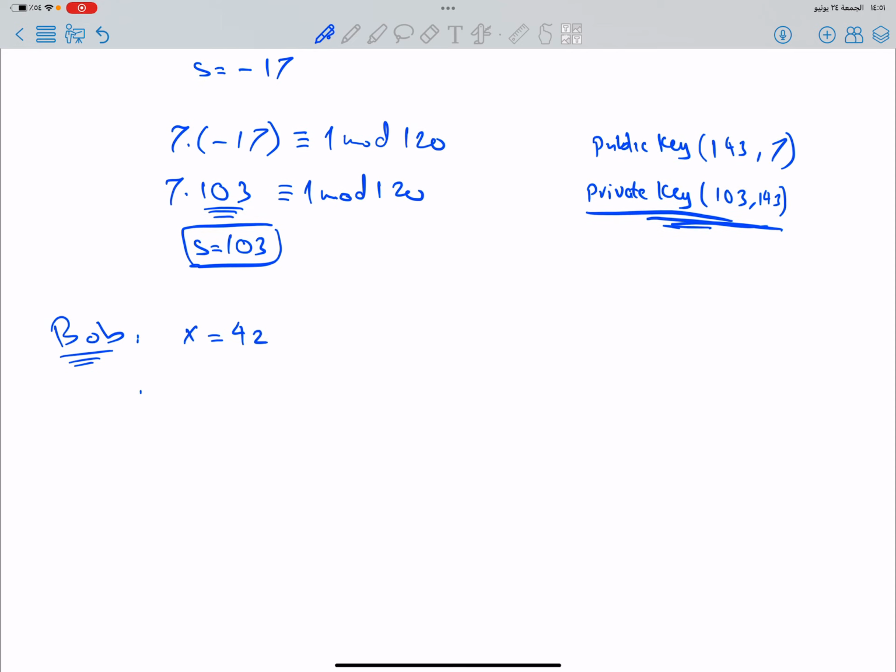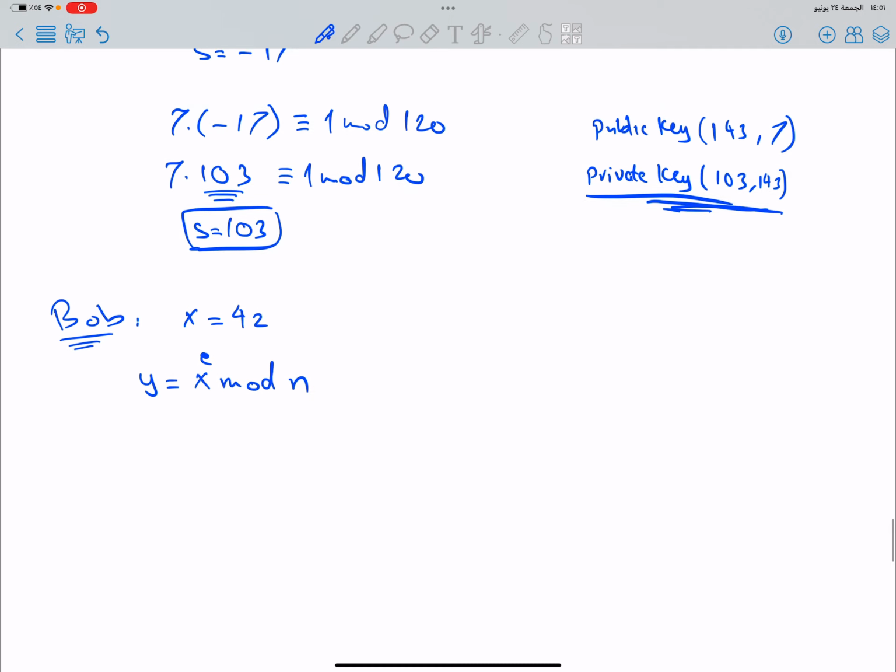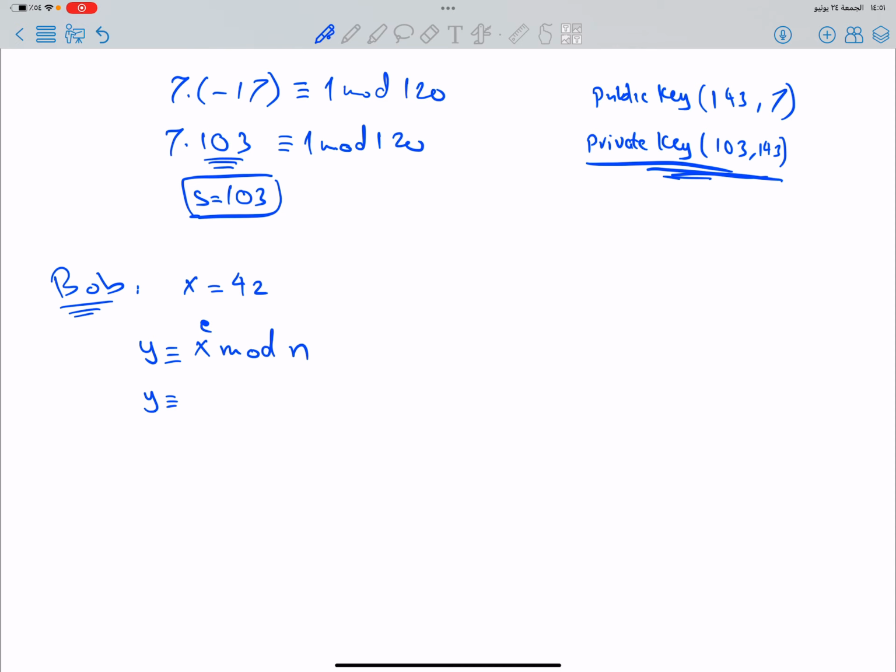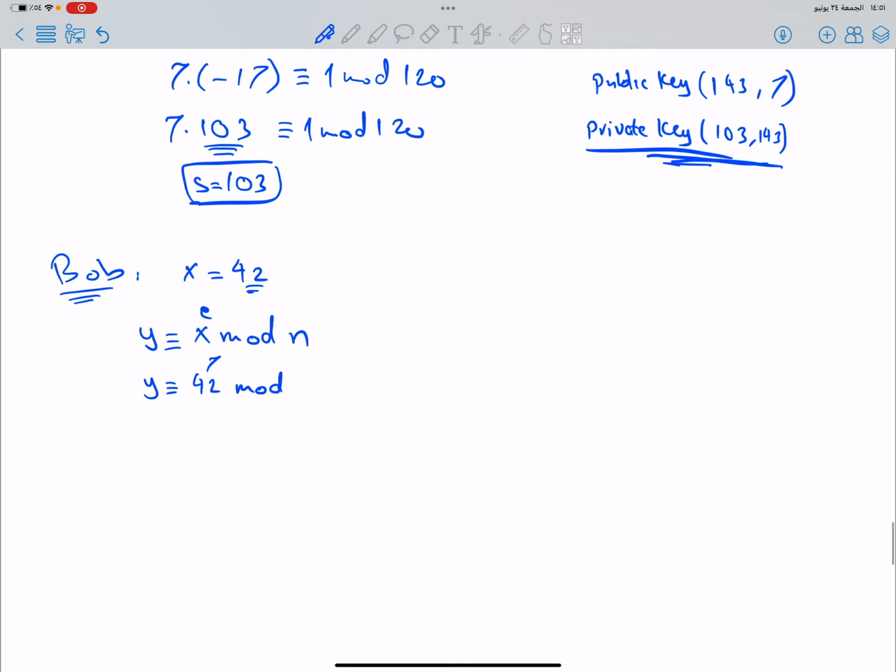Bob can do this with this equation: Y is 42, or X, to the power E mod N. Now Y is X, the message 42, to the power of 7, modulo N, which is 143.